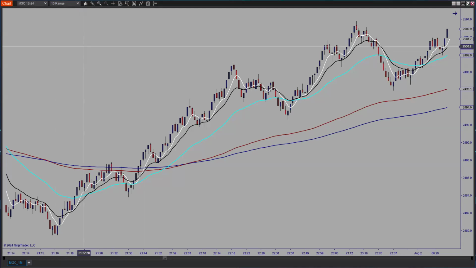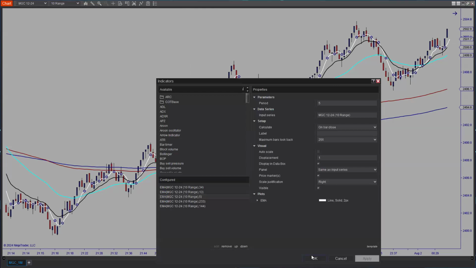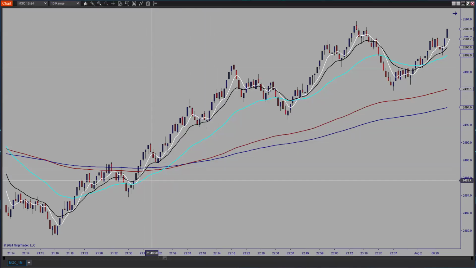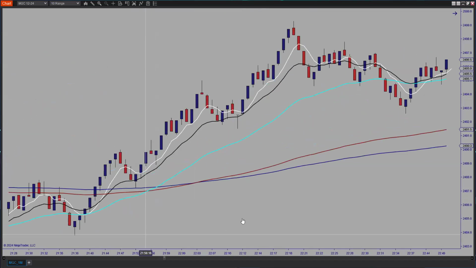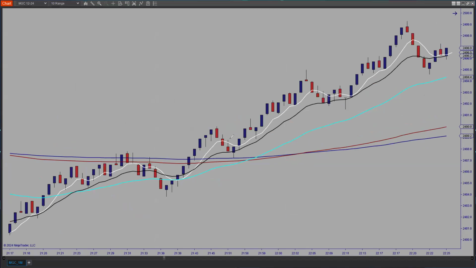Yes, there is a very good reason for the one to be offset. The reason that the five is offset one candle is so that, let me zoom in here. What this is doing is that the price of this EMA is not on this bar, it's actually this one, but it's set to go forward by one.